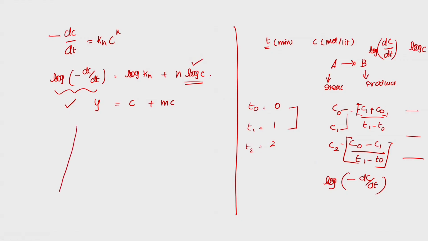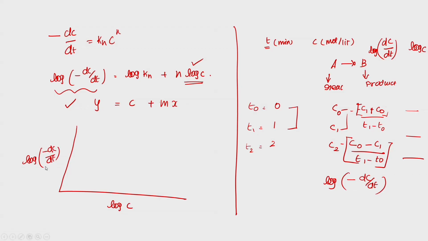So now I am going to plot it, right. It is x, and x is nothing but log C. So in x axis log C, in y axis it is log of minus dC dt, right.